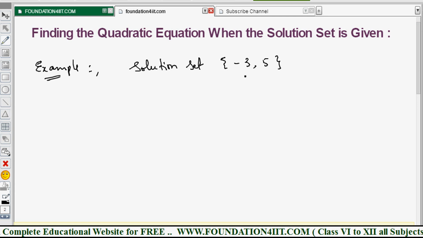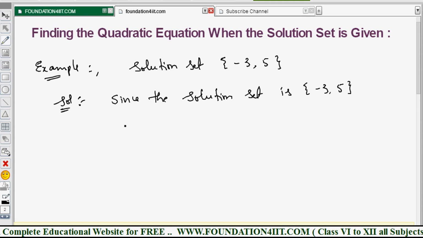Since the solution set is minus 3 comma 5, we can take one answer as x is equal to minus 3 or x is equal to 5. Okay, these are both.